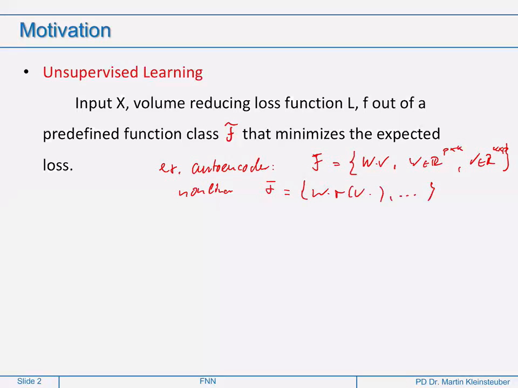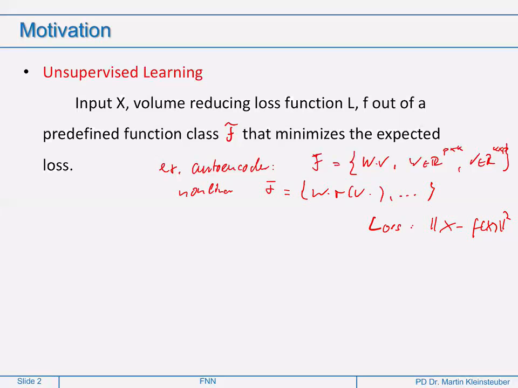So that was the function class here, and we had our loss in that case. The loss was the norm of x minus f of x squared, something like that.